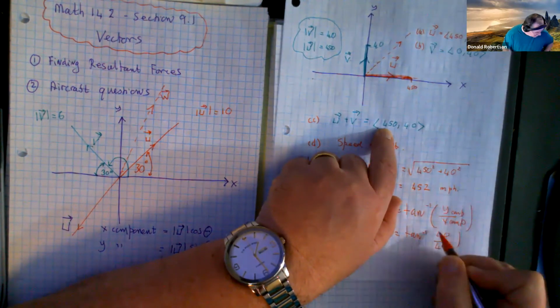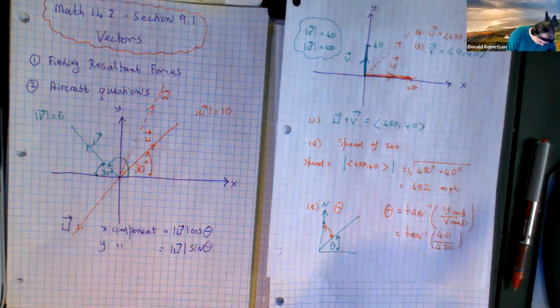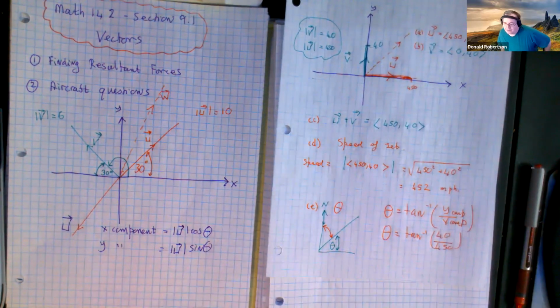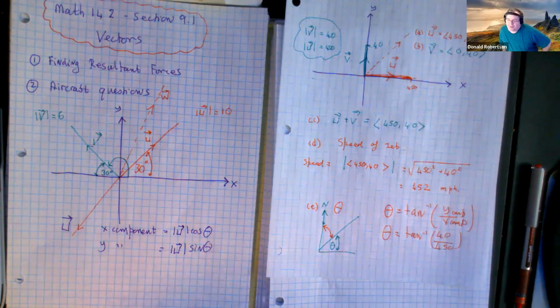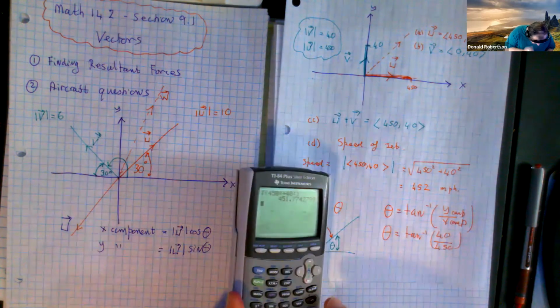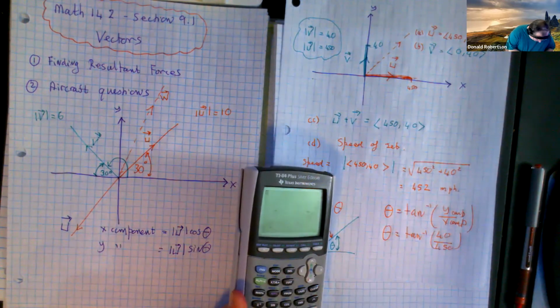And yesterday, when we did that same kind of question, we got the ugly one, where the answer that the calculator gives you might not be the angle that you need. But in this case, we're going to get lucky because it is the angle that we need. So inverse tan of 40 divided by 450 comes up with 5 degrees. Wow.